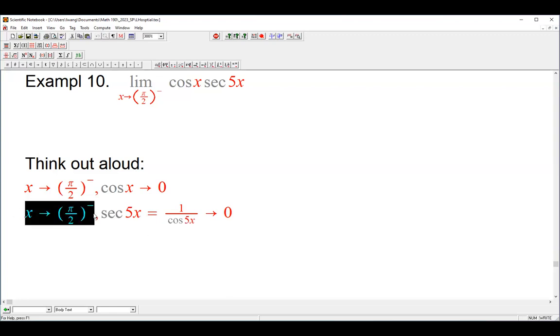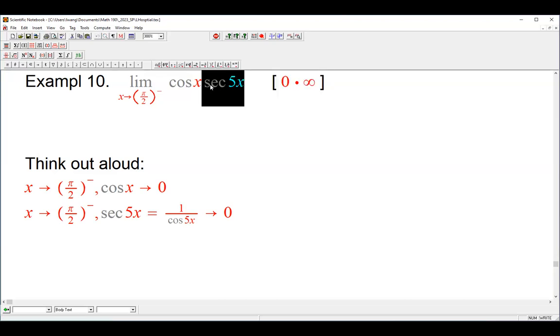So when x is approaching pi over 2 from smaller, secant 5x actually is approaching infinity. My bad. So we have a 0 multiply infinity indeterminate form.